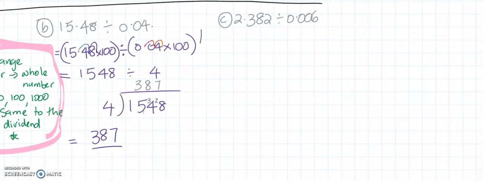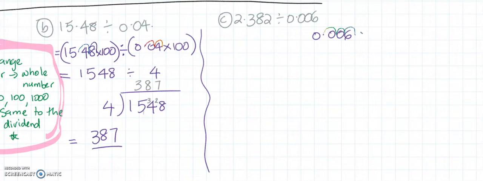And let's look at the last example. Always start off with the divisor, because that gives us an indication of what we need to multiply by, so that both our dividend and divisor are in the right format to divide. If I look at the divisor, 0.006, I need to move this decimal point 1, 2, 3 places to the right.